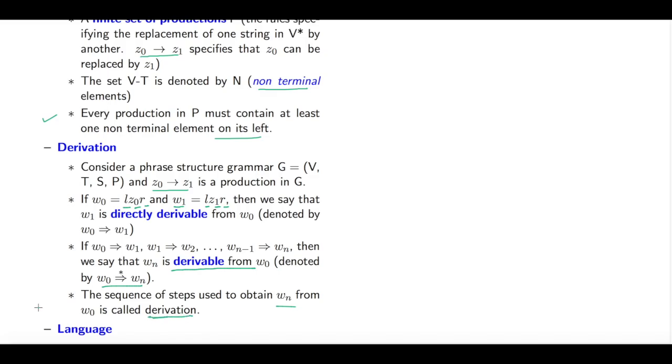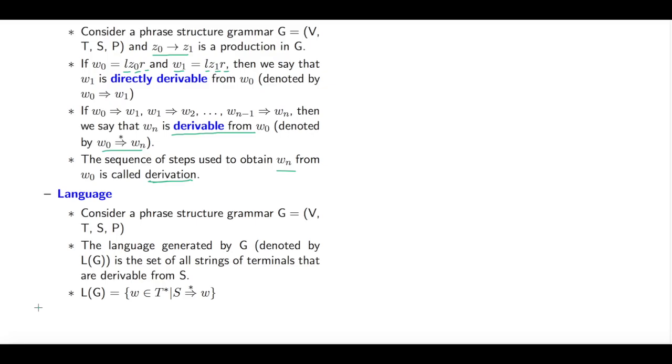Okay, so for language, again we start with a phrase structure grammar V, T, S, P. So the language generated by G, which is denoted by L(G), is the set of all strings of terminals that are derivable from S. Okay, so in other words, in mathematical language, all elements of T star, that is, all the finite concatenations or set of words that can be generated from T, such that we can go to those elements from the starting symbol.